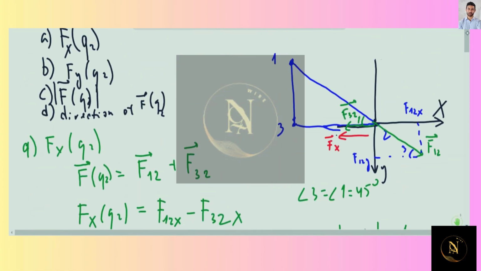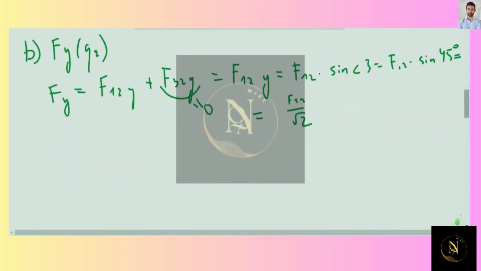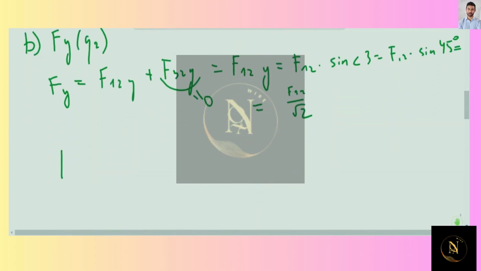So F12 is a repulsion force, but we've already taken into account the signs.